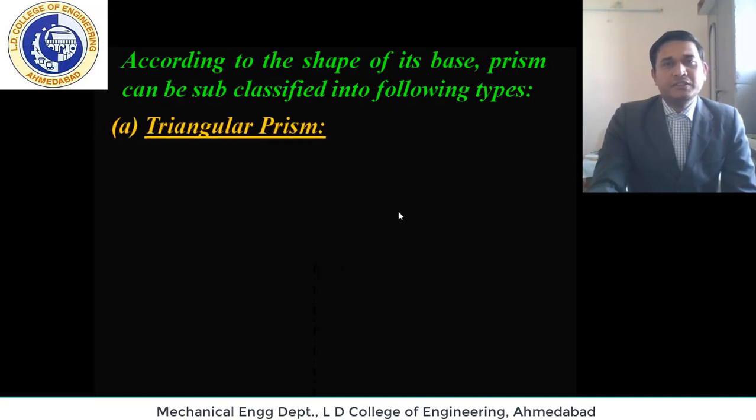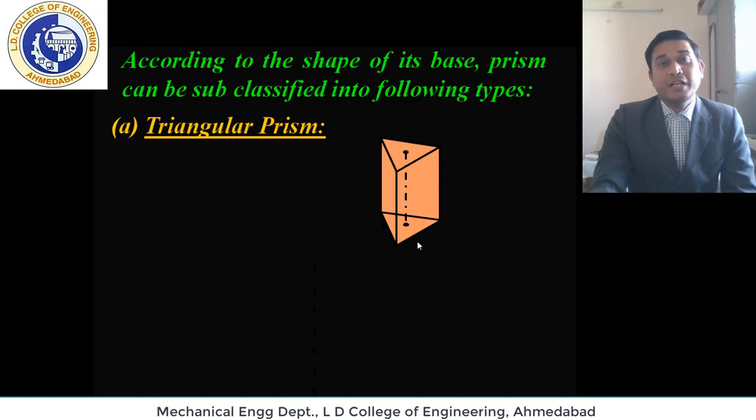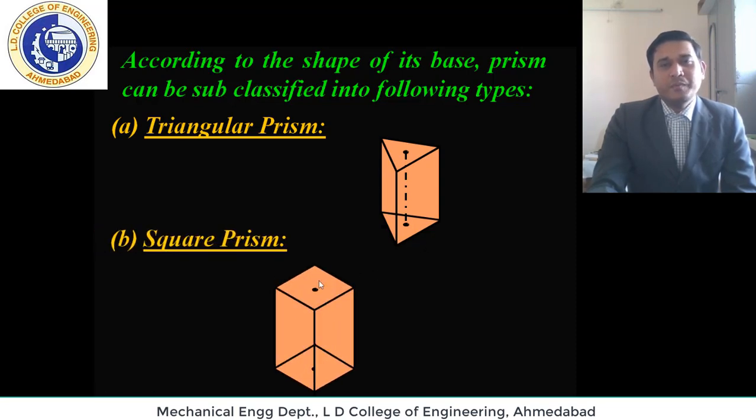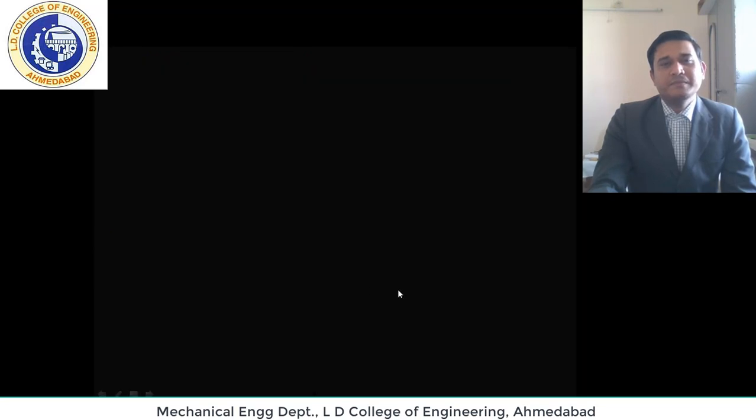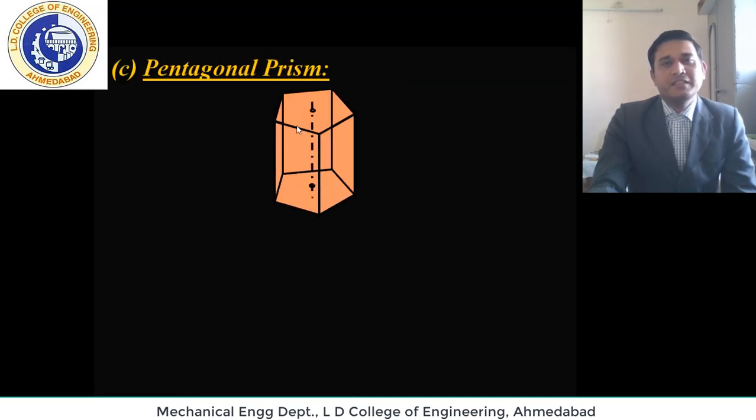According to the shape of the base, prisms can be further classified into various types. If we have a triangular base, it is called a triangular prism. If we have a square base, it's called a square prism. If we have a pentagon base, it is known as a pentagonal prism.